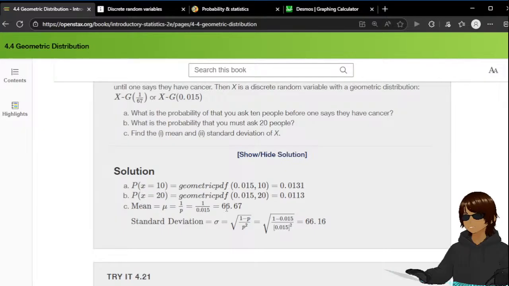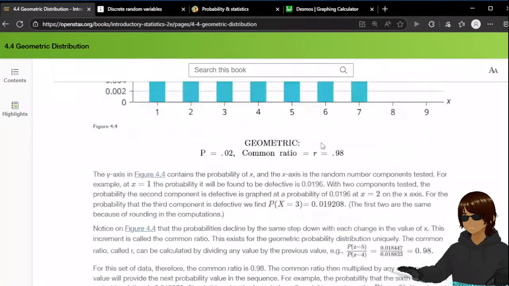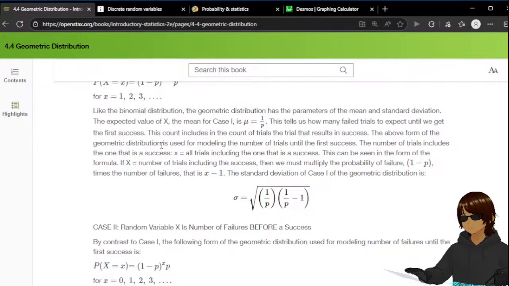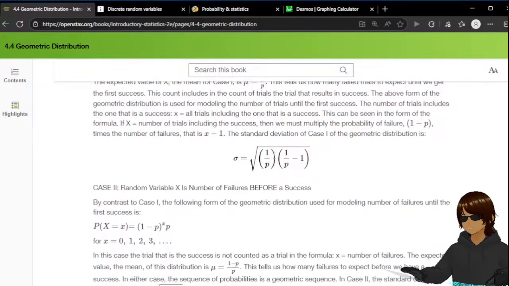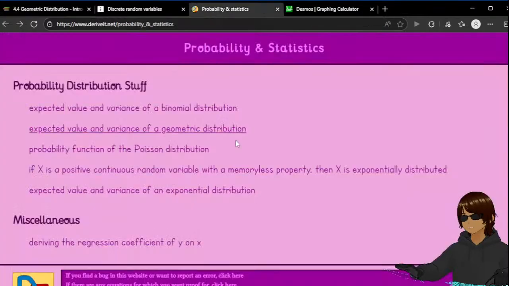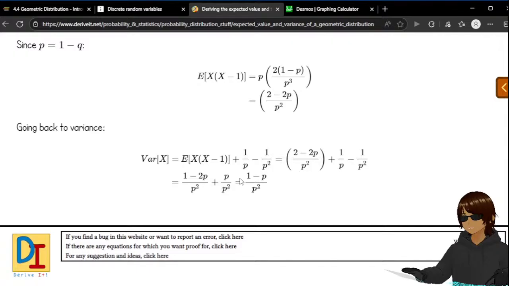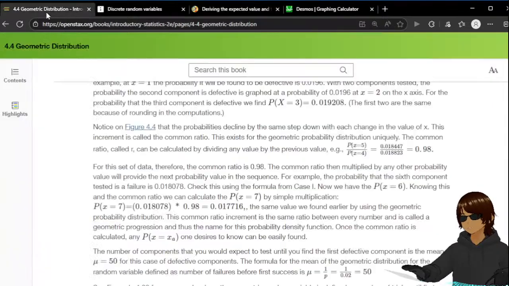So on average I'm asking 66 people. Standard deviation is, I keep forgetting the formula. 1 over p. I think the other formula made sense. 1 over p, upon p square.